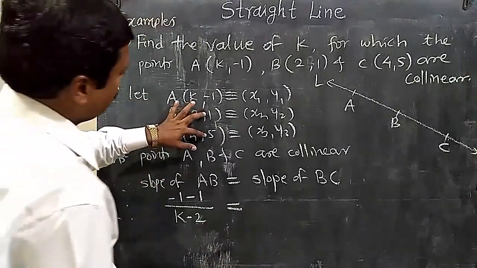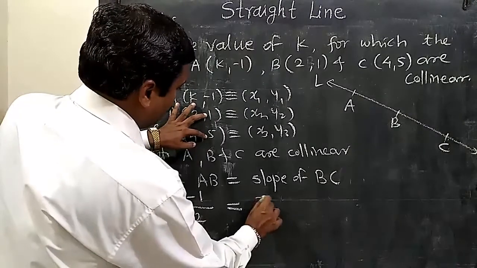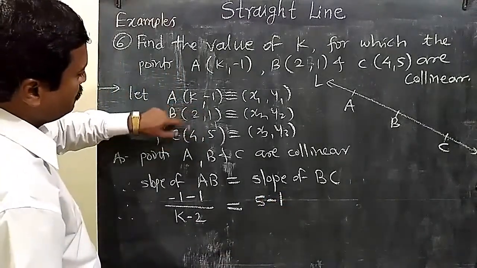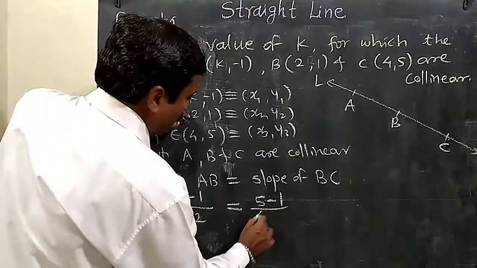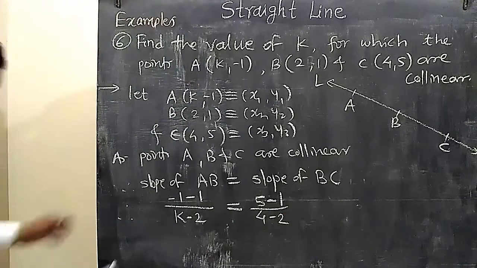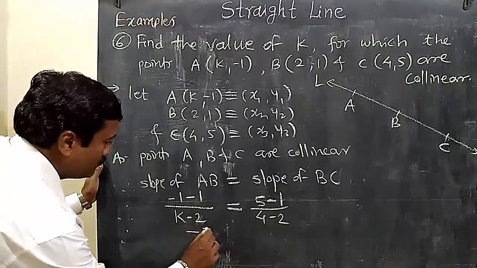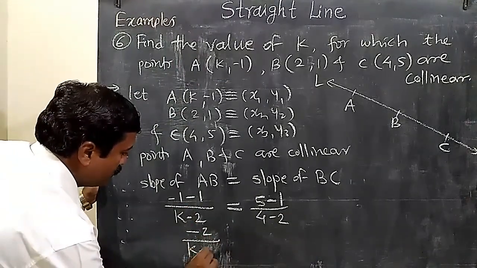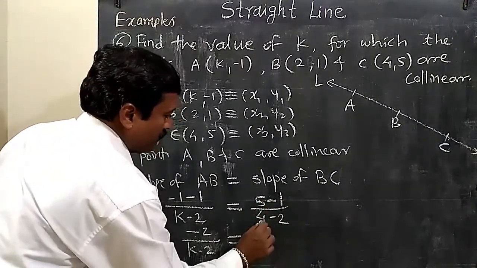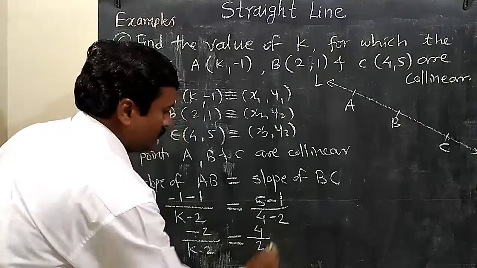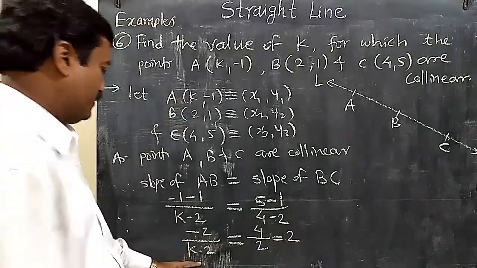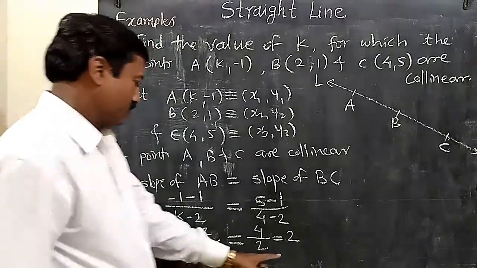Take the difference between y coordinates, 5 minus 1, and take the same sequence, 4 minus 2. Just simplify this: minus 2 upon k minus 2 is equal to 4 upon 2, that is equal to 2.